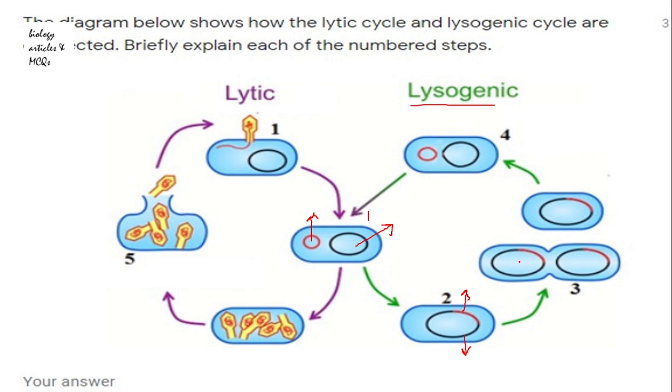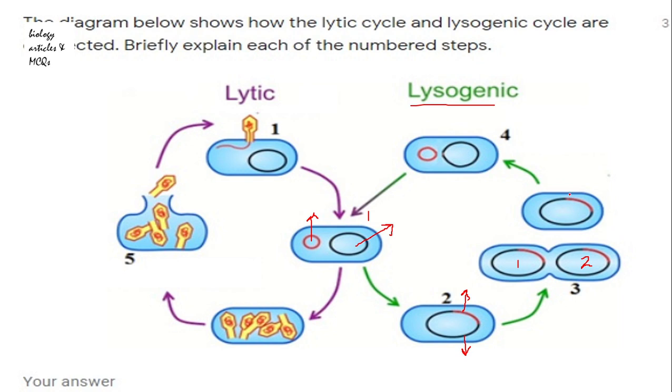You can see here, this is the first copy of both DNAs, and this is the second copy of the DNAs. Here the DNA is replicated inside the bacterial cell, and the last step will be binary fission, in which the bacteria will divide into two daughter cells.